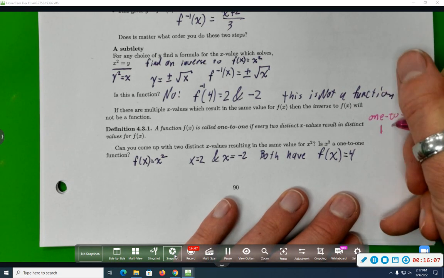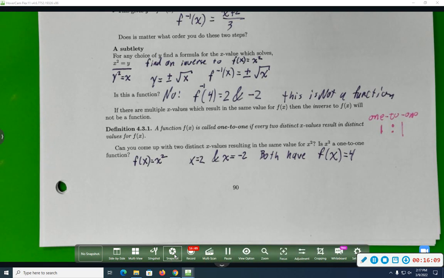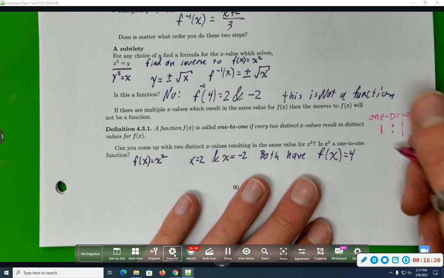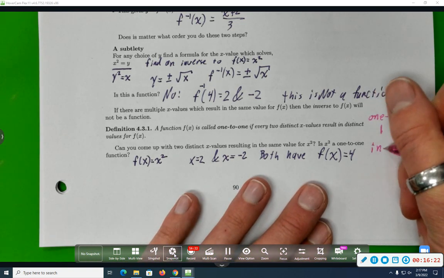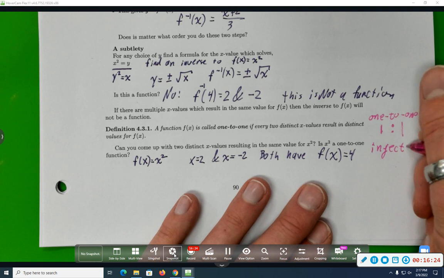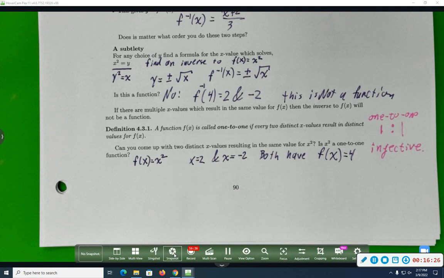Sometimes I will be lazy and use that abbreviation. Sometimes I'll be fancier than necessary and use the more Latinized word, injective. I'll try to stick to saying one-to-one, but at some point you might see that word in the wild, and it means the same thing as one-to-one.